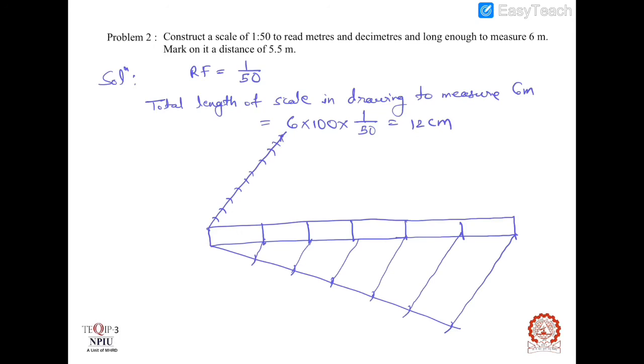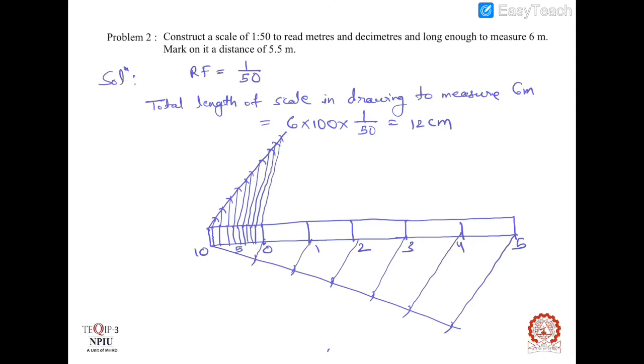Then join this point and this point. Parallel to this line, make other lines and draw vertical lines in this way. Okay, and mark here 0, 1, 2, 3, 4, 5, and this will be 5 and this will be 10. And you have to mark here 5.5 meter.